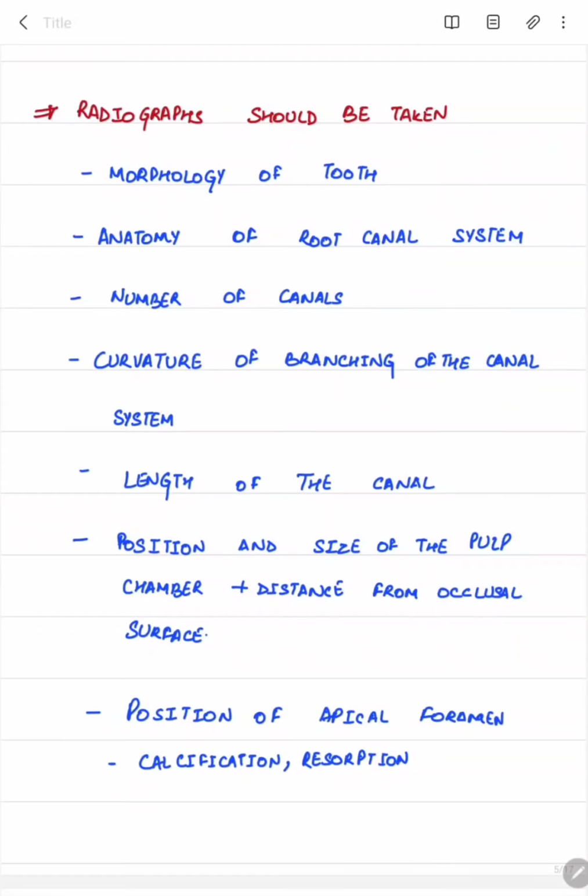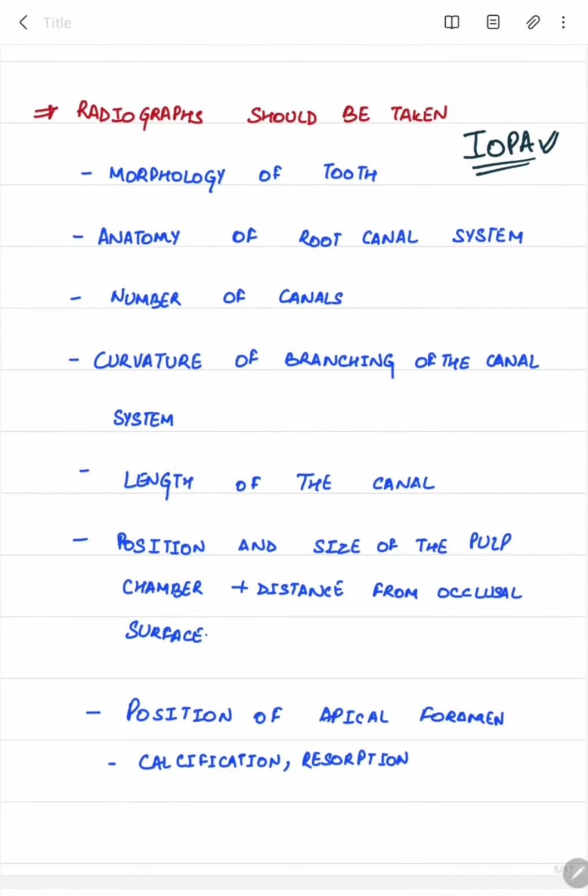Now in endodontics, or while doing root canal treatments, radiographs are of great use. We are supposed to take intraoral periapical radiographs of that particular tooth so as to visualize the whole anatomy of that tooth. So what is the main aim of taking radiographs? First, we will be able to see the morphology of that tooth and the anatomy of the root canal system. We will be able to know the number of canals present in that particular tooth, right?